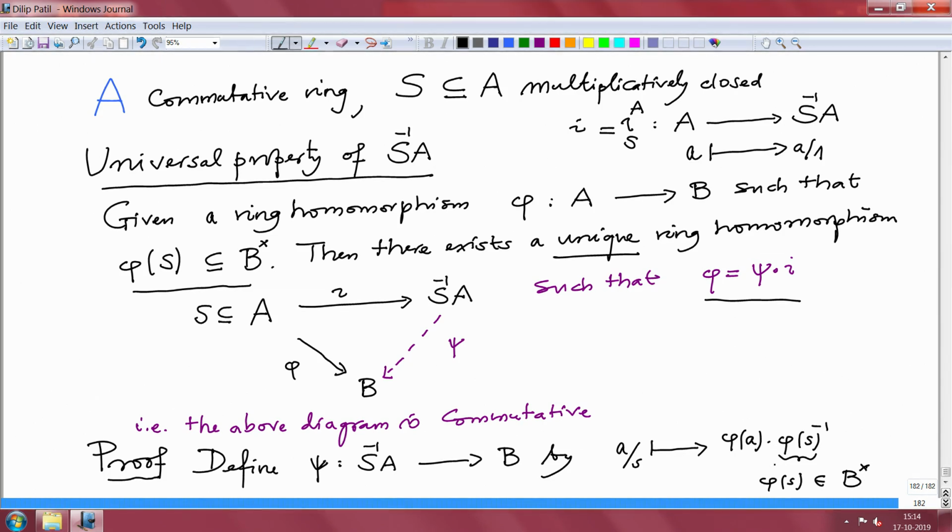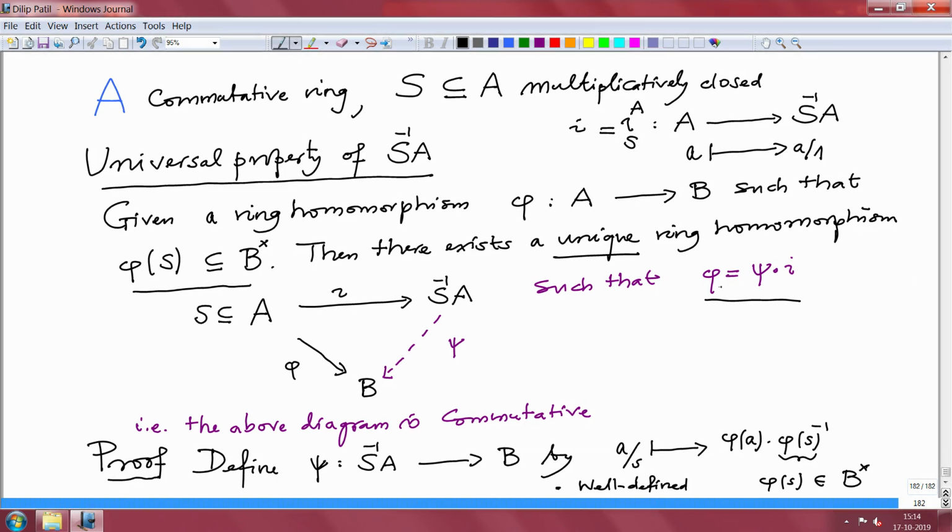Now it is merely checking. The first thing we need to check is that this map is well defined, and the next thing is that it is a ring homomorphism. Commutativity of the diagram is apparent because this definition tells you where a goes.